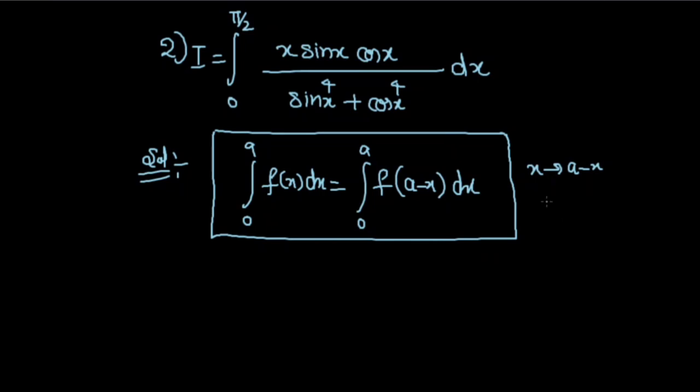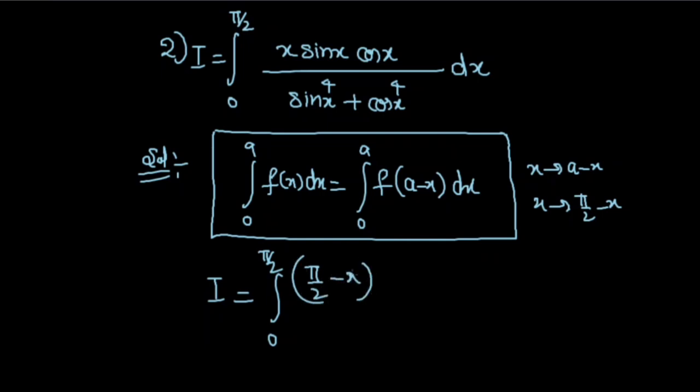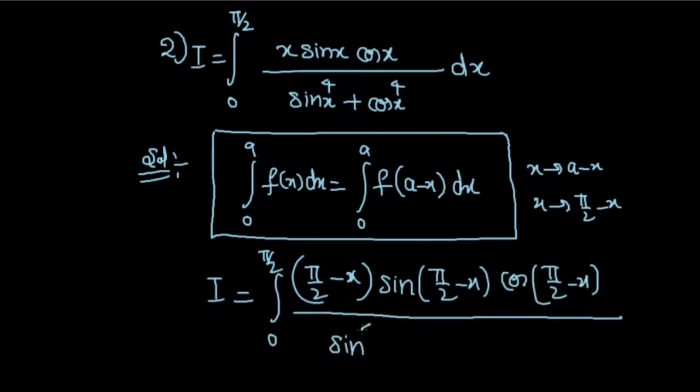Here in the place of a we have pi by 2. So x is changing to pi by 2 minus x. So we have to replace x. I is equal to the integration from 0 to pi by 2 of (pi by 2 minus x) times sine of pi by 2 minus x, cos of pi by 2 minus x, divided by sine to the power of 4 of pi by 2 minus x plus cos to the power of 4 of pi by 2 minus x, dx.